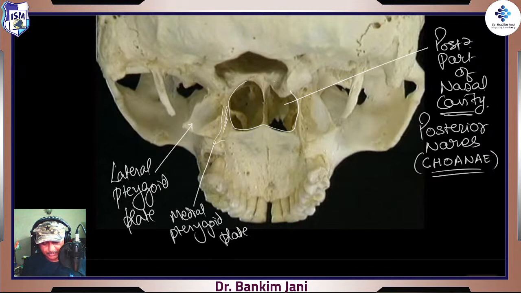This is one pterygoid plate, this is the medial pterygoid plate, and this is another medial pterygoid plate. So the posterior part of the nasal cavity, the posterior nares or choana, are in between the two medial pterygoid plates. This orientation is vital, very important.